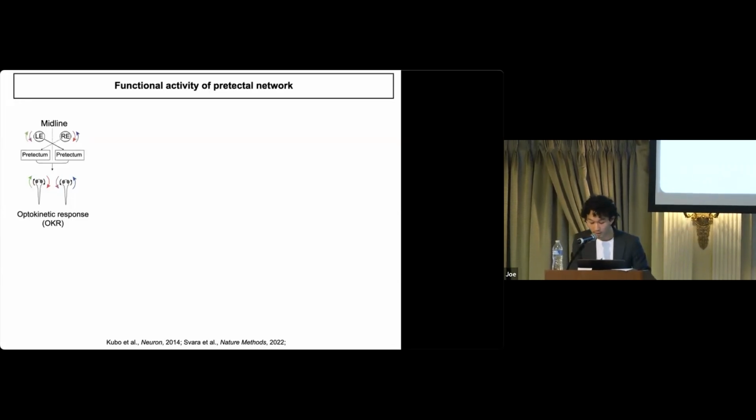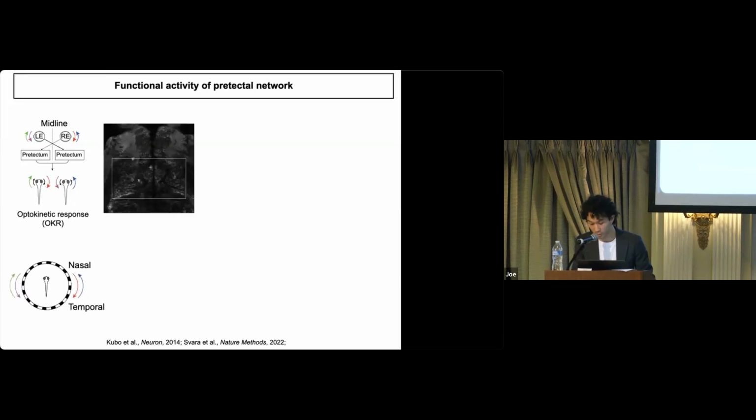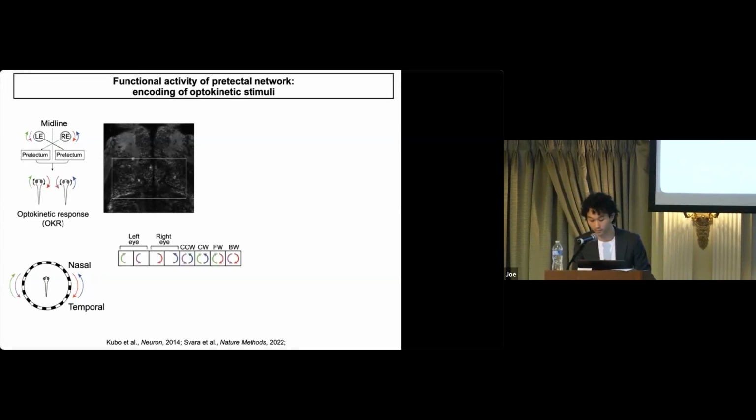So in their 2014 study, they identified pretectum, a brain region that receives retinal projections, playing a key role in binocular integration. In their 2022 study, they functionally imaged activity in pretectum in response to various moving stimuli using calcium indicators. Specifically, they imaged pretectum while showing larval zebrafish nasalward, or towards the nose, and temporalward, or towards the tail, motions on the LED screens.